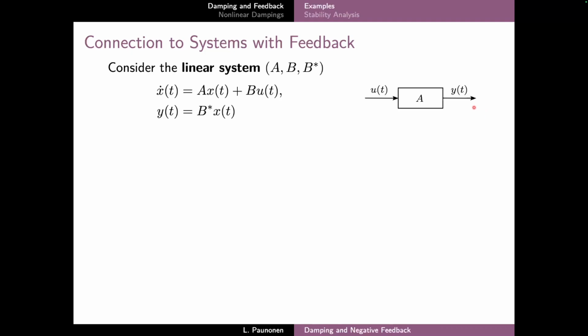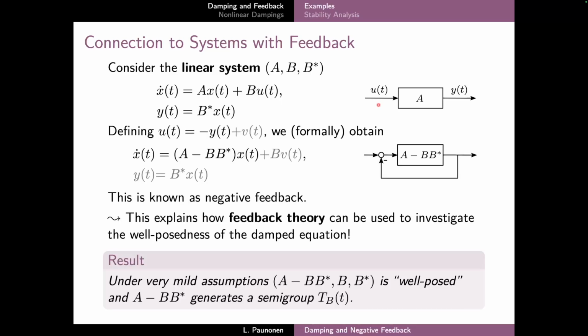And then what we can observe is that if we take our output Y, multiply it with a minus sign, and then feed it back to our input U, then we formally get a new system where this generator or the main operator is exactly of the form A minus BB star in our original equation. In linear systems theory, this is known as negative output feedback.